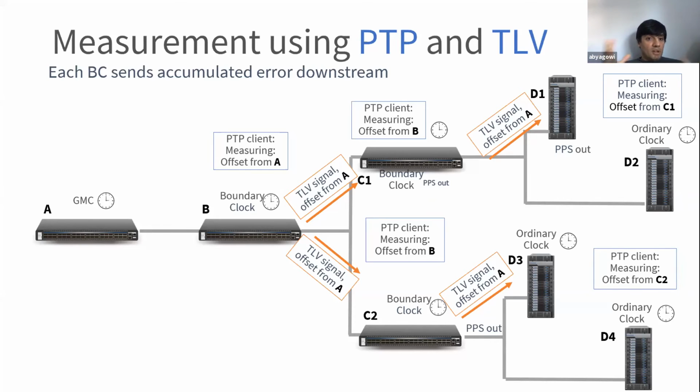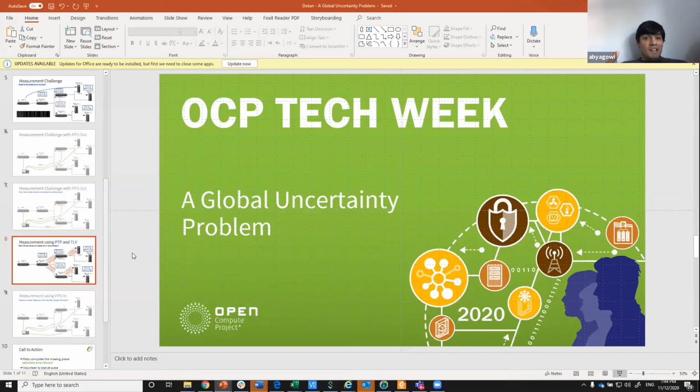Doable, but it can come with a lot of challenges. The grandmaster has so many machines, and the number of packets may go down because you have to go through so many machines. So instead, let's say you don't have the option of boundary clocks yet. So what you do is you designate one machine per rack.